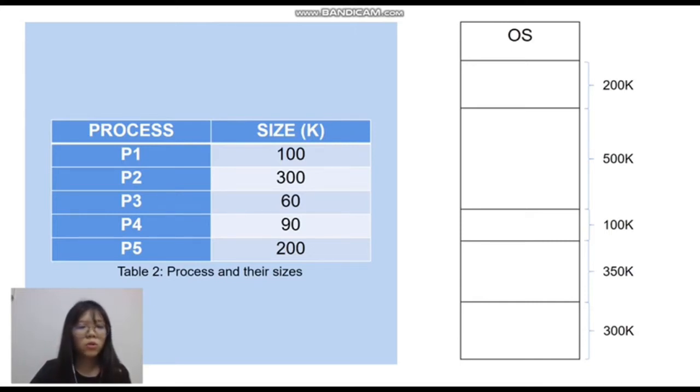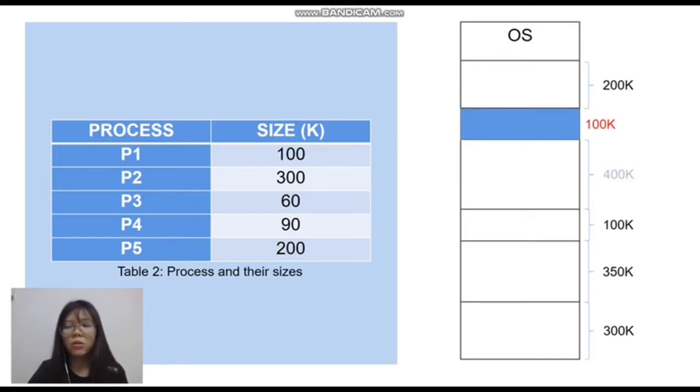So we need to allocate process 1 into the memory, and the largest hole in this memory is 500. So now we allocate process 1 into the second block, and now the internal fragmentation is 400K, and we move on to process 2 with the size of 300K.